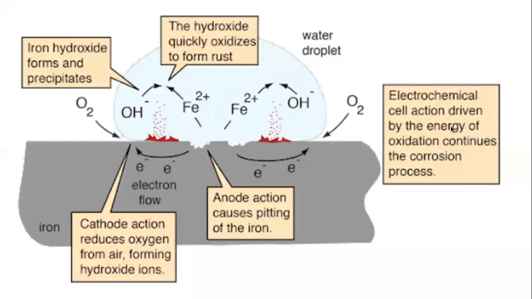I was trying to find a better diagram for you to understand and explain what is happening. So this is another diagram which gives us a little bit more detail. But the details are same. At anode, Fe+2 is produced. At cathode, H2O is produced.